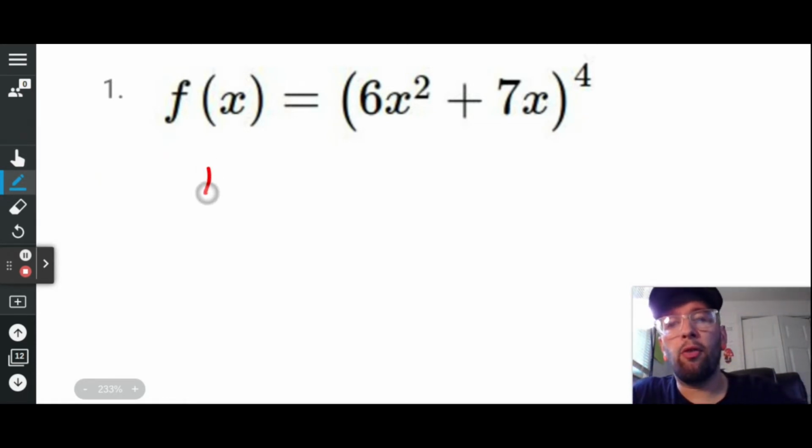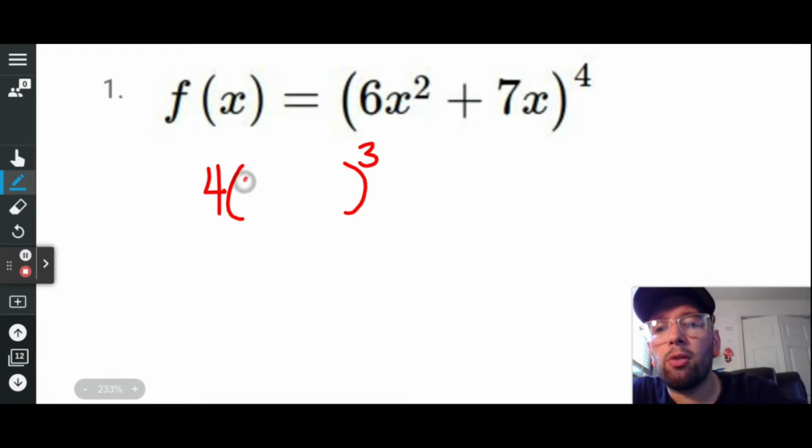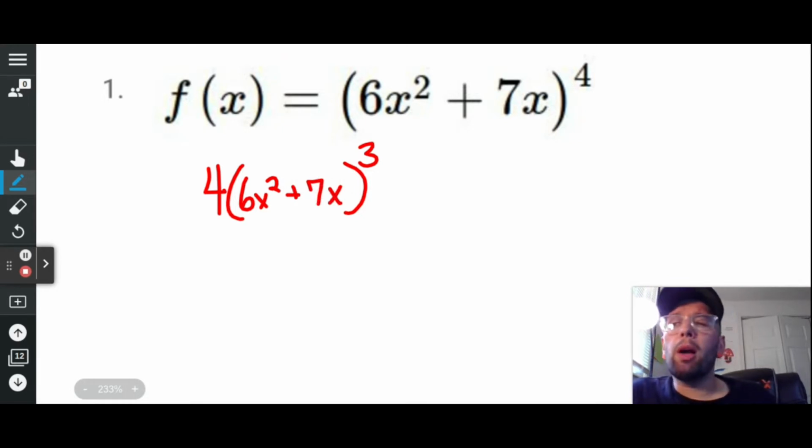So you bring the 4 down. That 4 becomes 3. Keep the inside stuff, 6x squared plus 7x, and multiply the whole thing by the derivative of the inside stuff, which is going to be 12x plus 7.